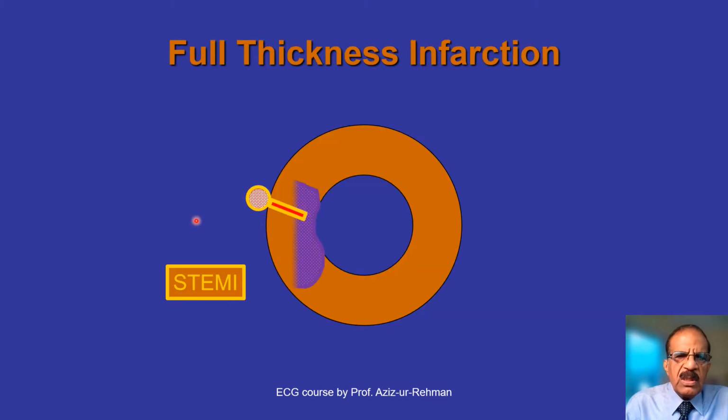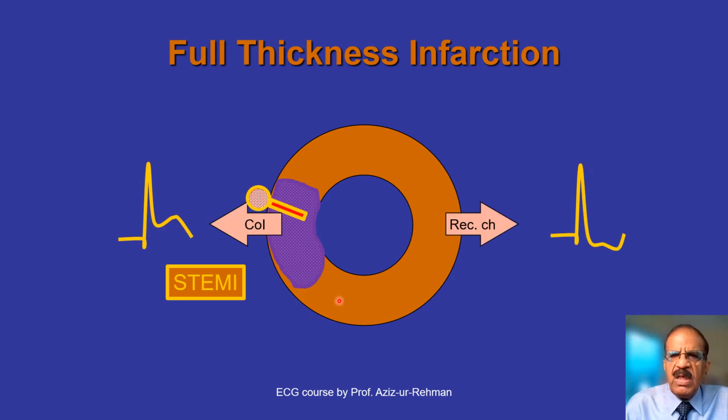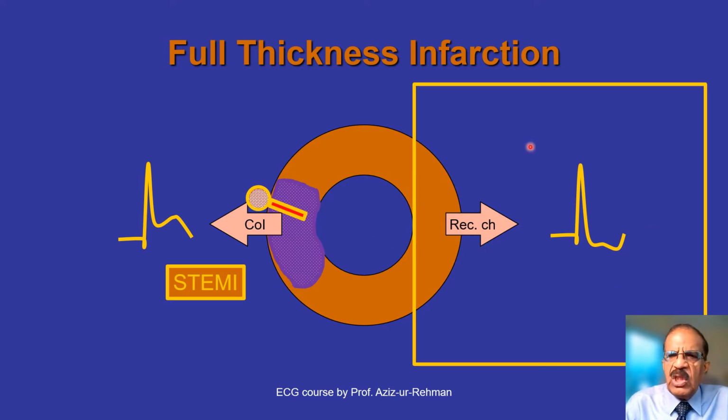This is the infarction developing and causing ST segment elevation, but we are going to concentrate on the reciprocal changes in the opposite leads. So we'll be looking for these changes.